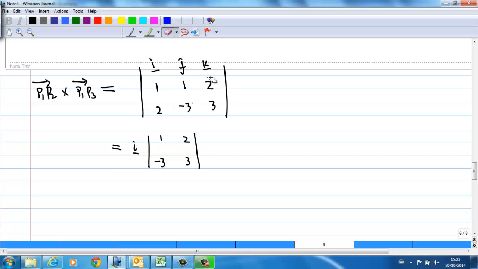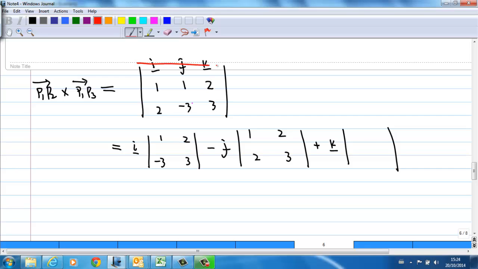Then minus j times the 2 by 2 determinant. When you cross out the first row and second column, this gives you rows 1, 2 and 2, 3. Plus k times the 2 by 2 determinant.